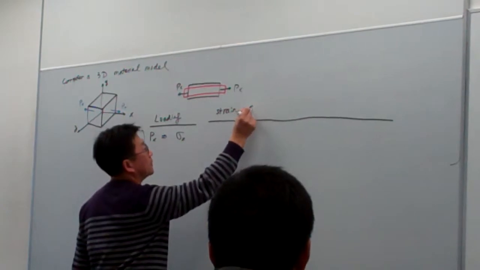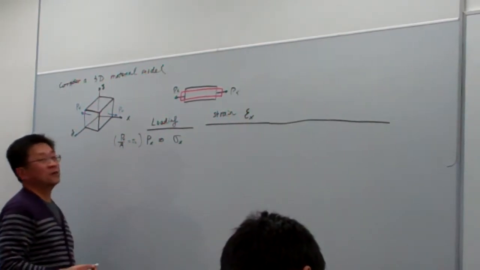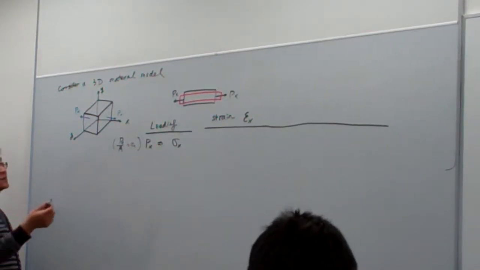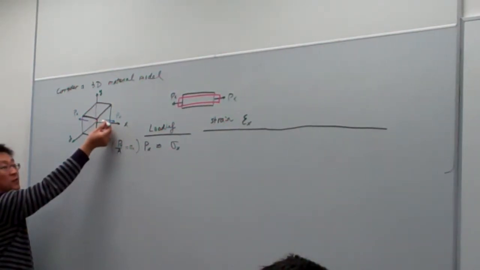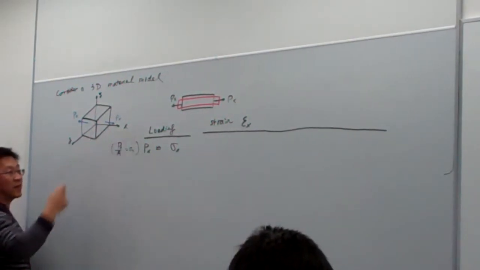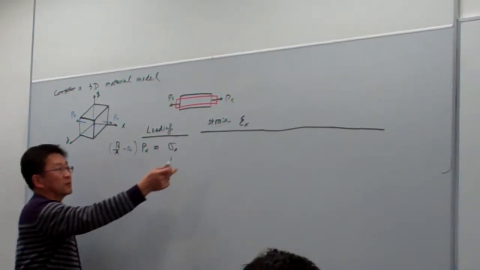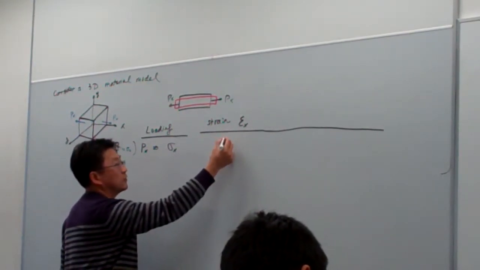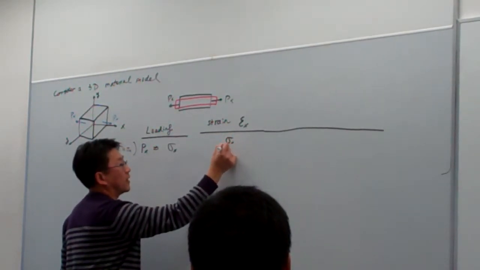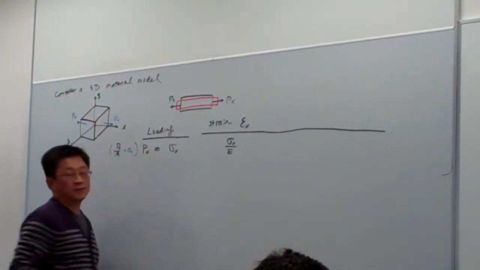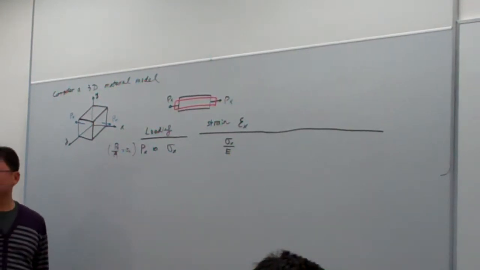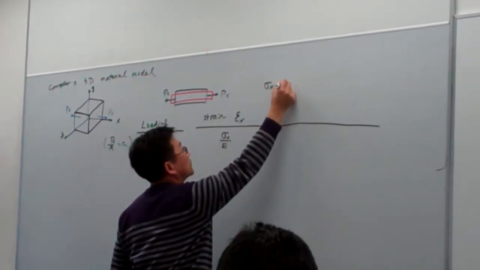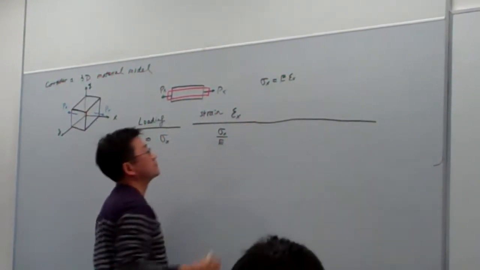The first one is the axial direction, which per definition is where the loading is applied. For this case, that is the x direction. In the x direction, the normal strain equals sigma x divided by E, from our Hooke's law. Right? Because for our generic model, we know that sigma x equals E times epsilon x.